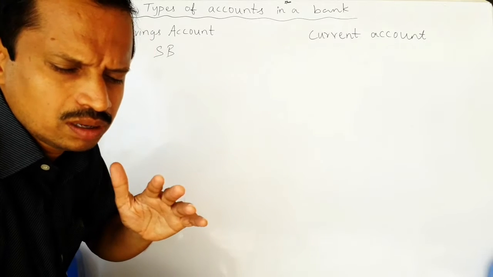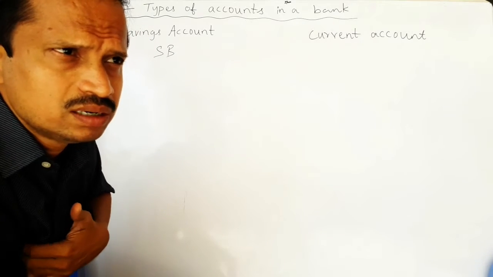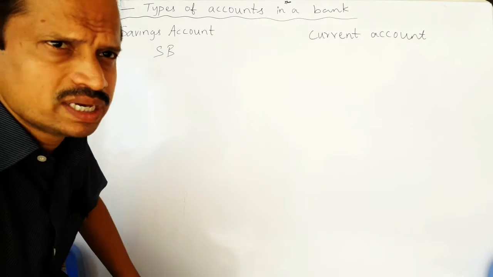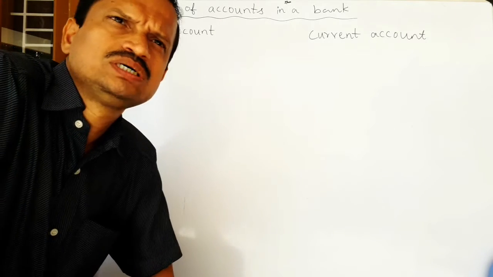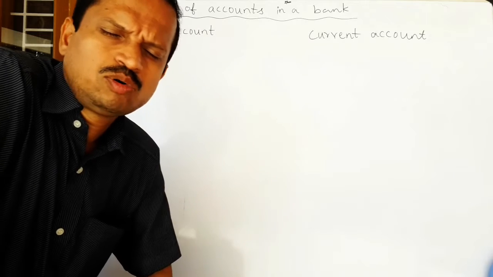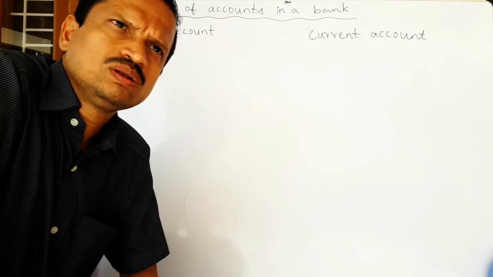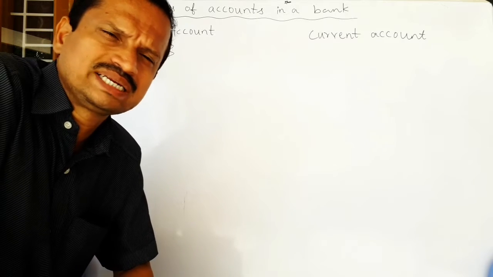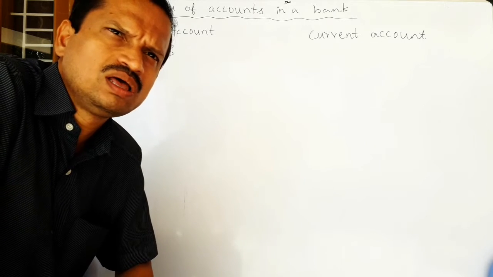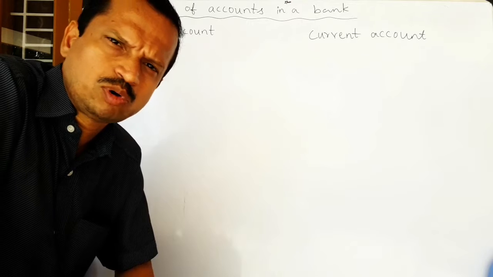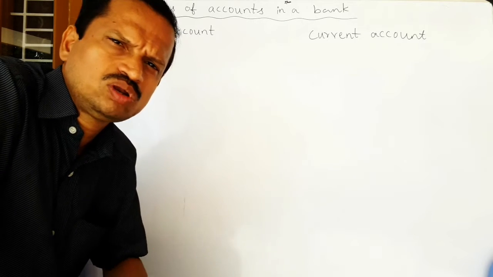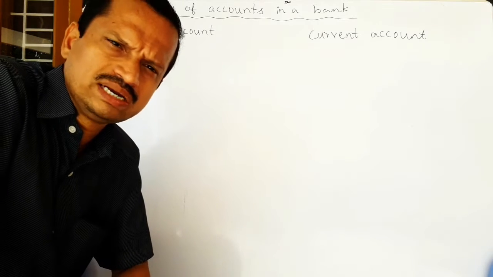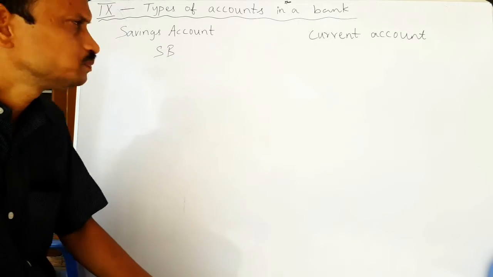In this savings account we can transfer the amount, withdraw the amount through ATM, and so on. There is a limit for the transactions, and also for the amount that you have to deposit, and the withdrawal limit is also there. These are the benefits you can get from a savings account.